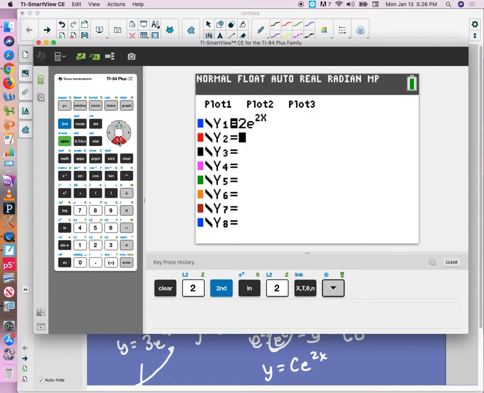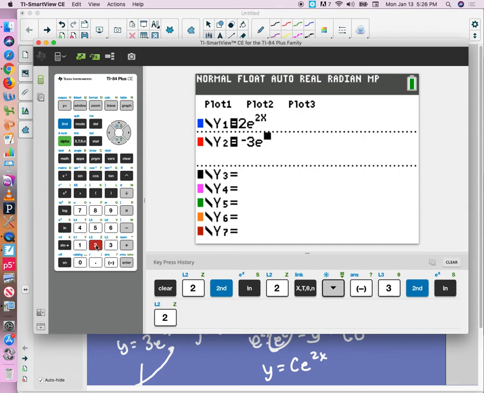We don't really know what our constant is. Maybe it was going to be negative 3 e to the 2x. We don't know what c is. Well, I'll show you how to find it, but right now we don't know what it is. We'll do it on another one.